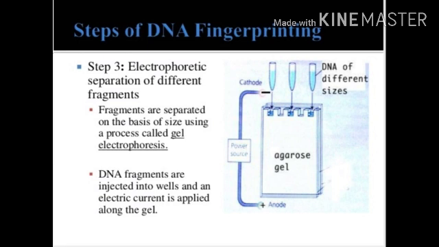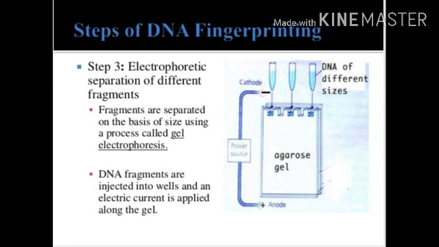In electrophoretic separation, we use a gel known as agarose gel. In the agarose gel, with the help of a comb, we make wells, and in those wells we put the DNA fragments of different sizes, and then after supplying electricity, these DNA fragments will move.